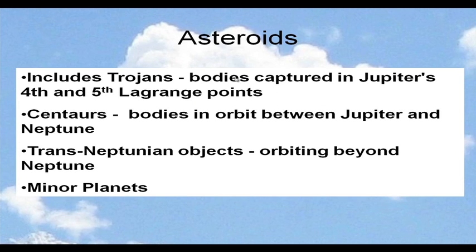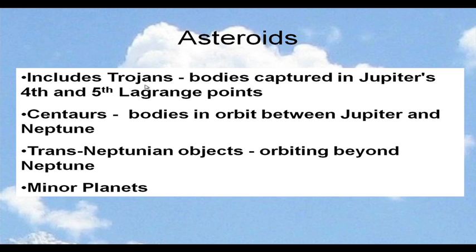And we find that there are objects which have been captured in Jupiter's 4th and 5th Lagrange points, and these objects are asteroids, rocky objects which have been captured there, and these asteroids are referred to as Trojans.